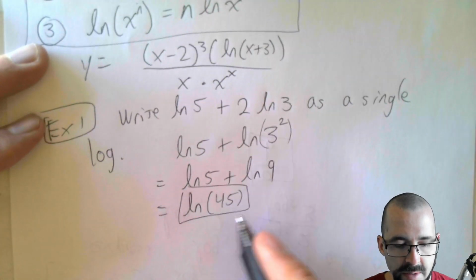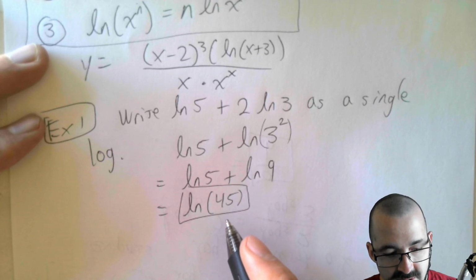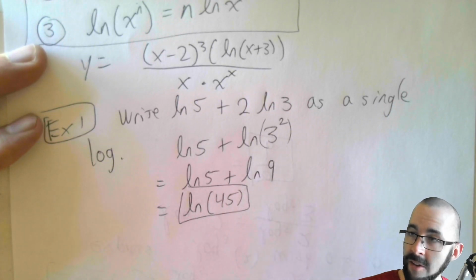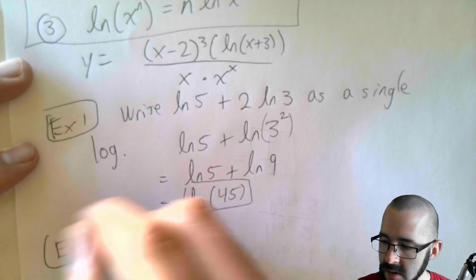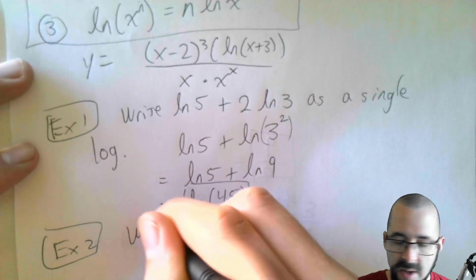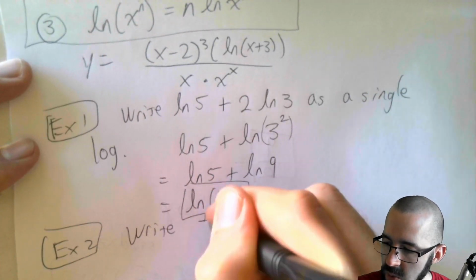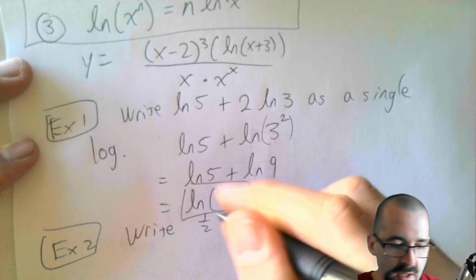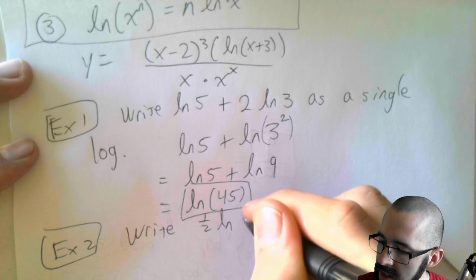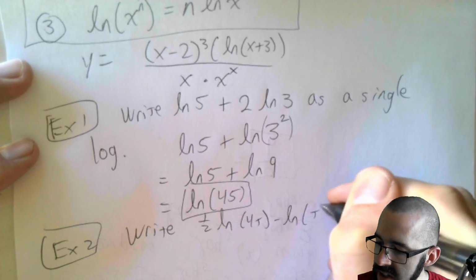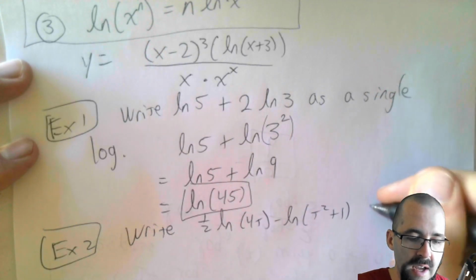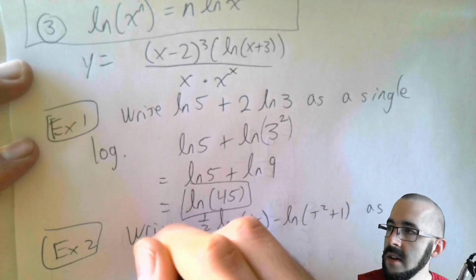And combining logarithms has some advantages. Separating logarithms also has some advantages, and we'll talk about what those advantages are very shortly. All right, second one is going to be: write 1/2 natural log of 4t minus the natural log of t squared plus 1 as a single logarithm.